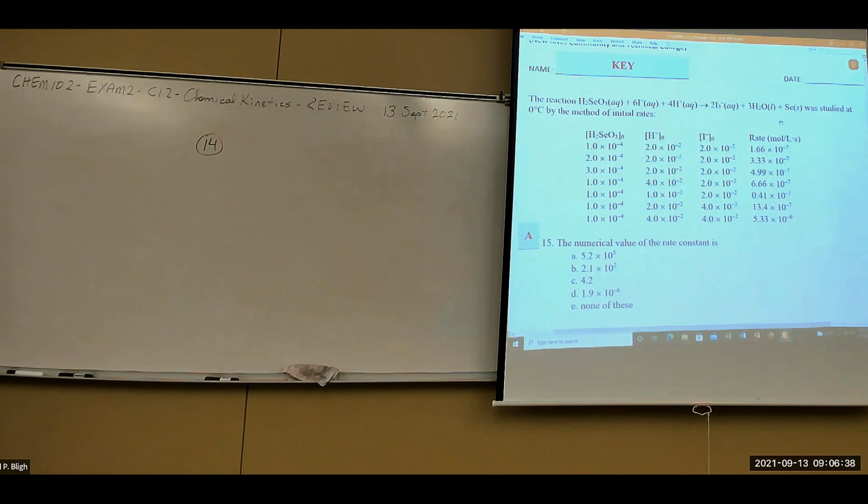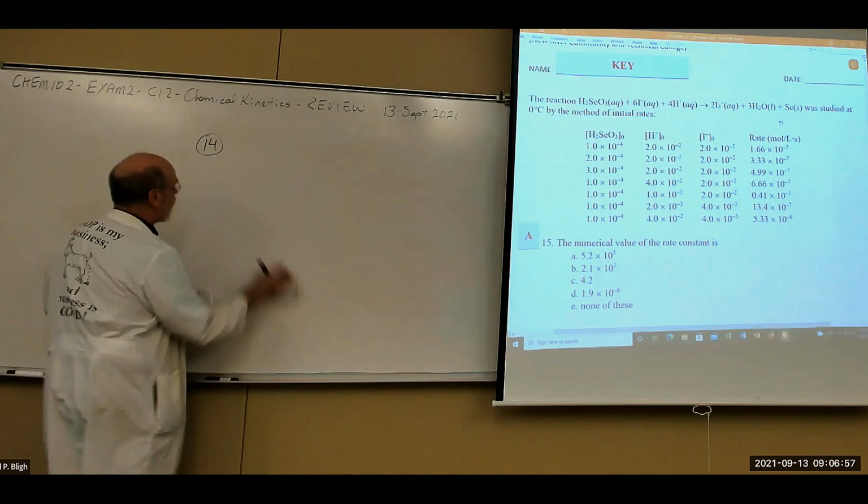But I've worked it out in the review document. If you have any questions about that one, we can talk about it. Let's see, 15. It takes some doing. I'm going to skip down to the part where we determine the rate constant.